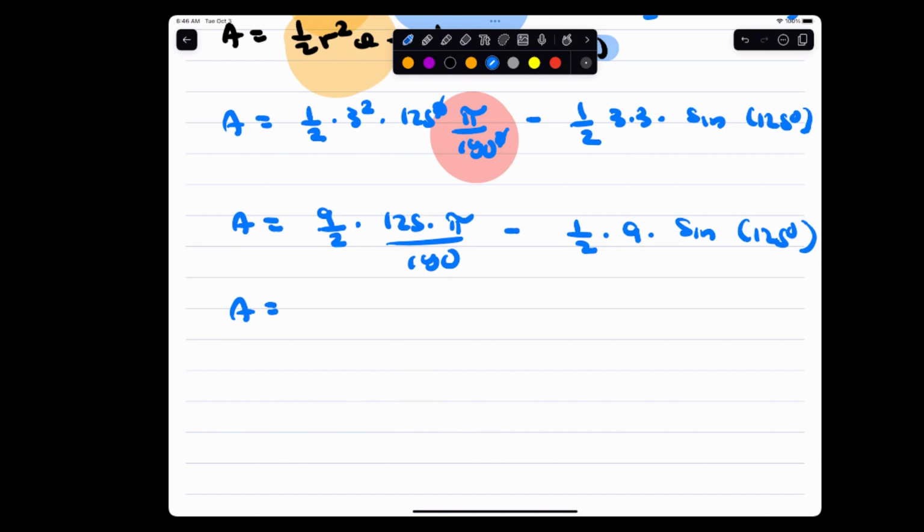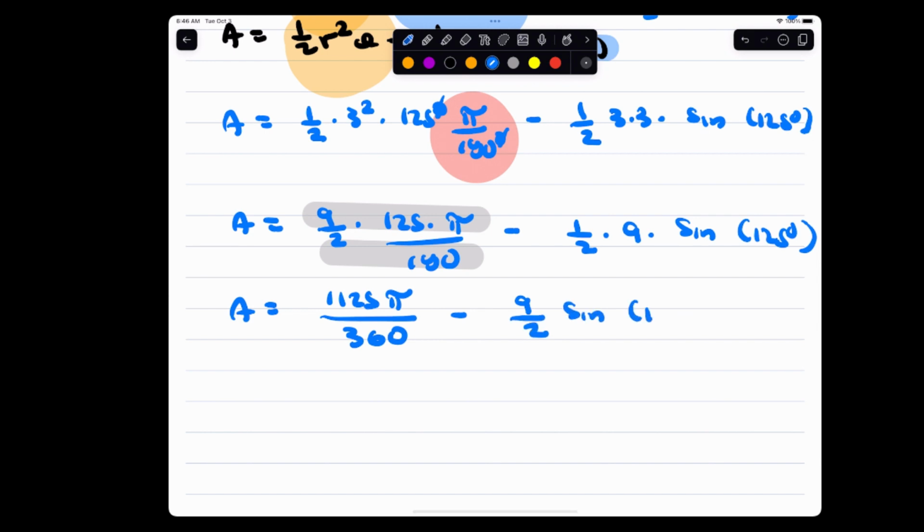Looks like it'll be 1125, right? So we'll put 1125 pi divided by 360. Where did that come from? Numerator, see that? Down here? Minus 9/2 sine of what? 125.